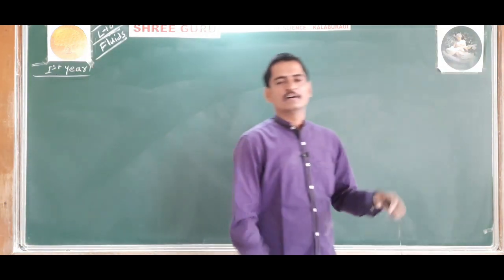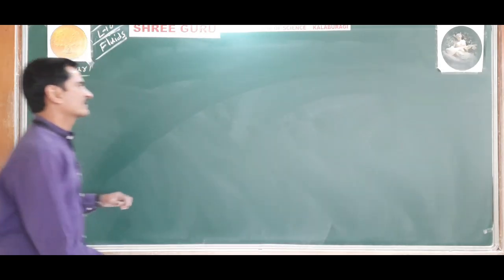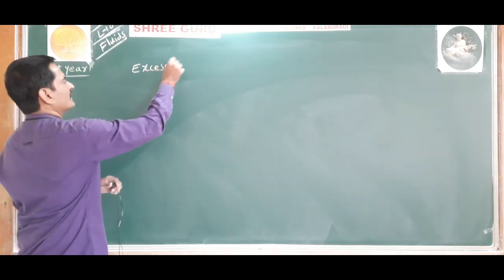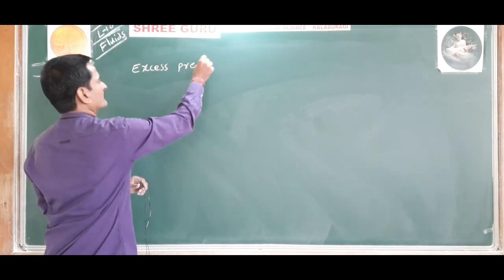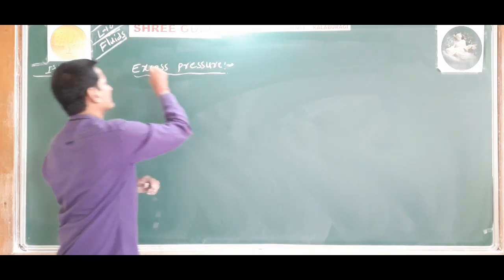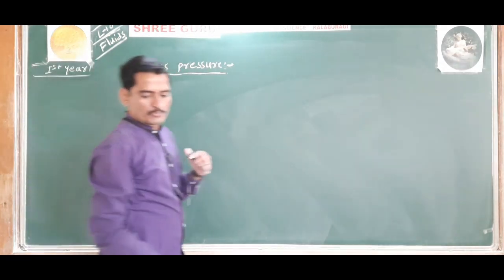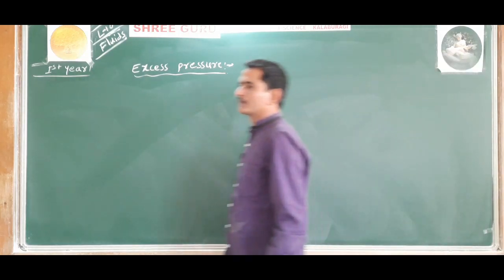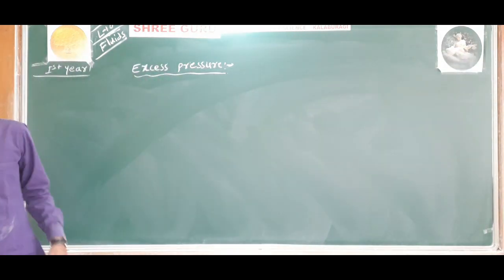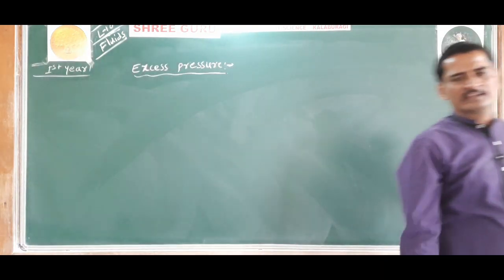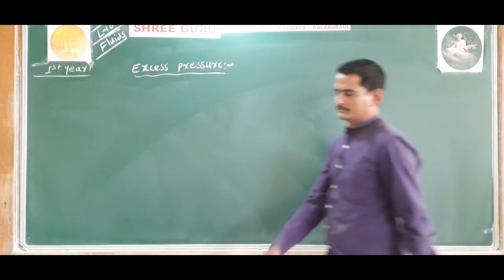Now let us study the next concept: excess of pressure. When the free surface of a liquid is curved, there is a difference of pressure between the liquid side of the surface and the vapor side of the surface.